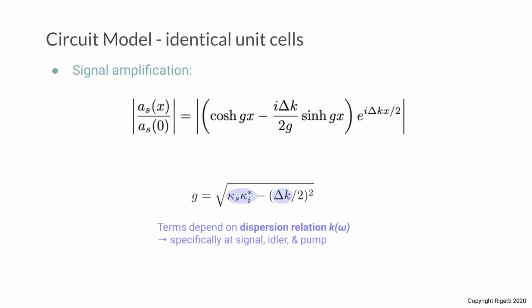This gain coefficient is a function of some kappa coupling terms and this delta K phase mismatch term, but importantly, these terms depend on the dispersion relation K of omega, which is wave number as a function of frequency, specifically at the signal, idler, and pump frequencies.